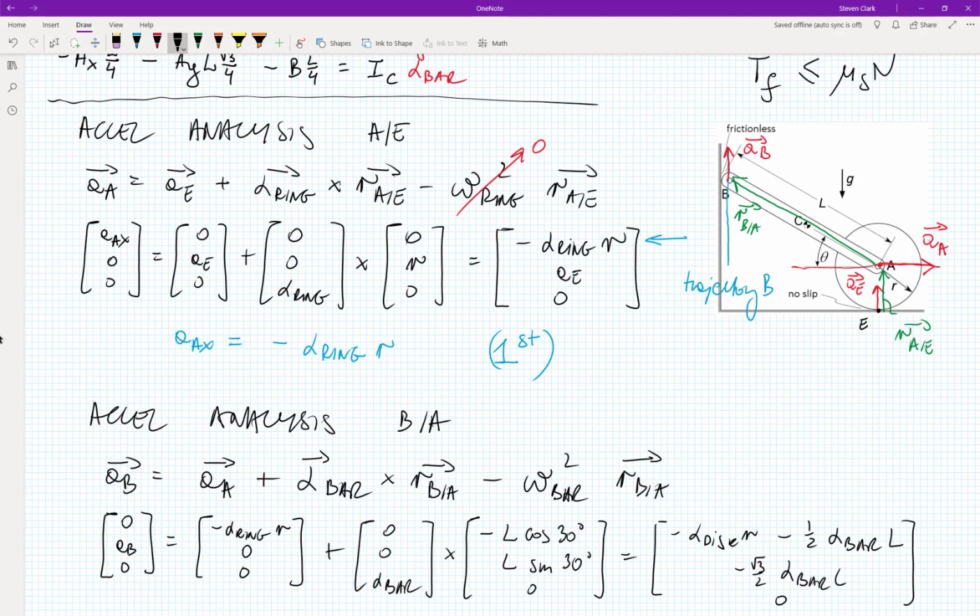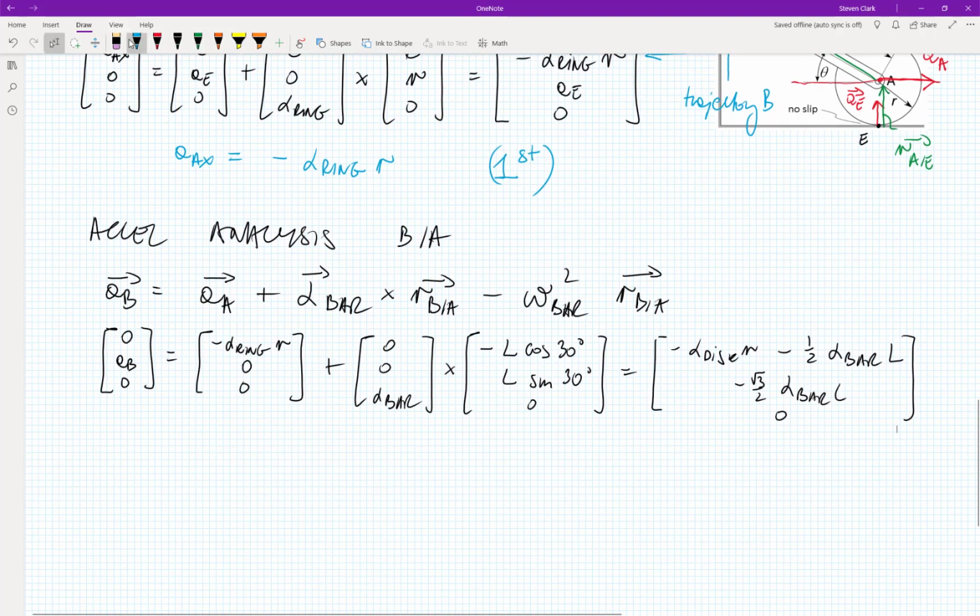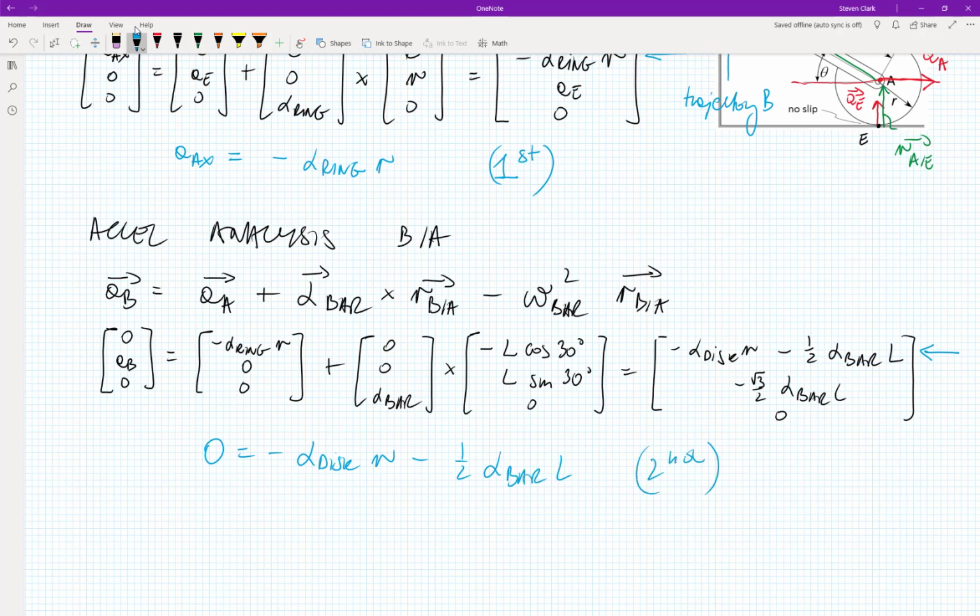Okay, and again, the only equation we care about is in the x component. The equation on the y component is useless for us. So we found our second equation, which is 0 equal to minus alpha disk R minus 1/2 alpha bar L. Okay, 50% of the problem done.